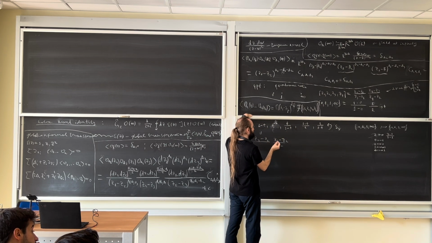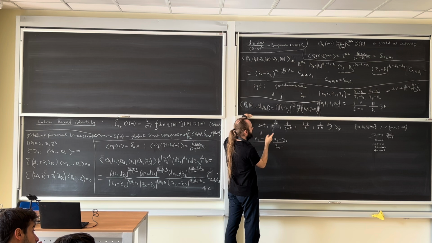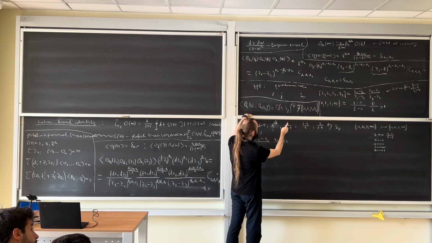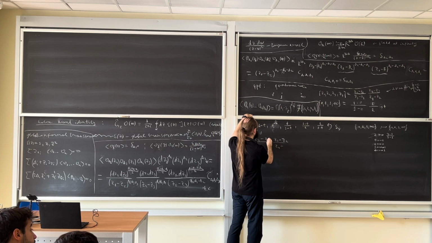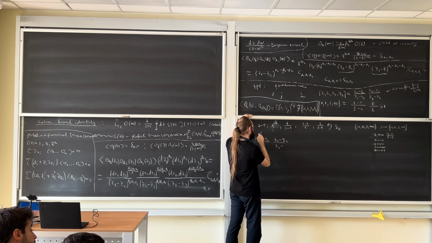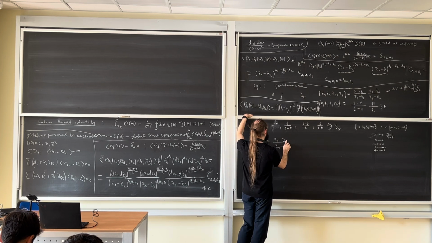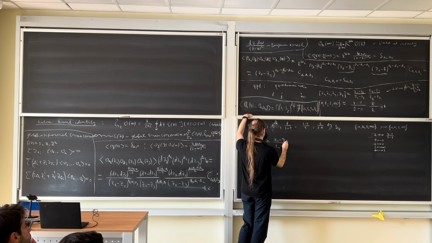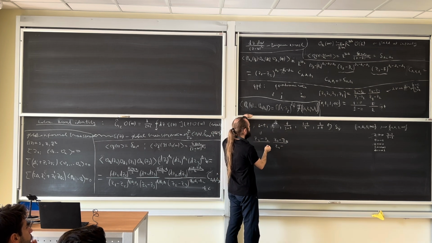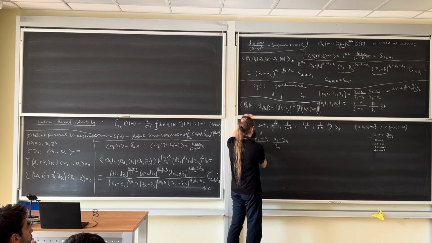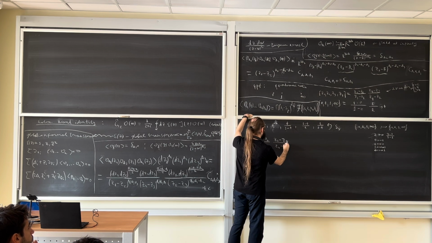So it should be Z3 minus, sorry, Z3 minus Z2, because it should be 1 minus t. So this is Z4 minus Z1. So here it is Z3 minus Z1, Z4 minus Z2.